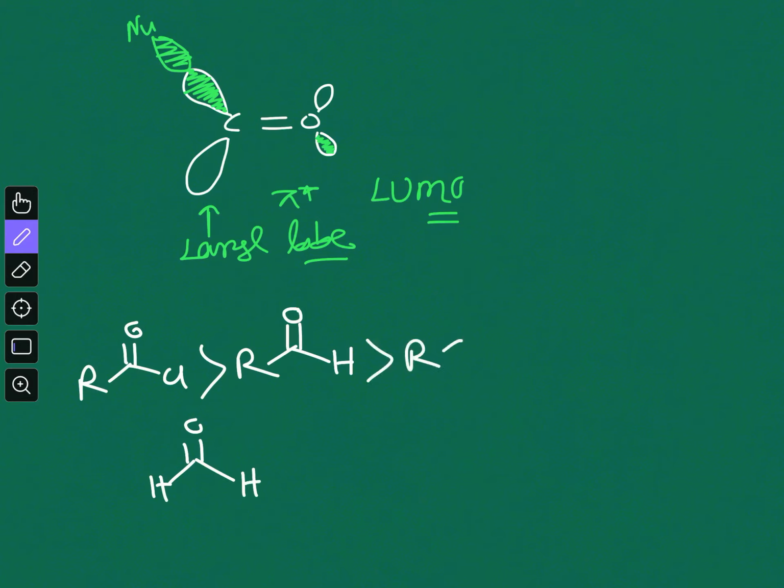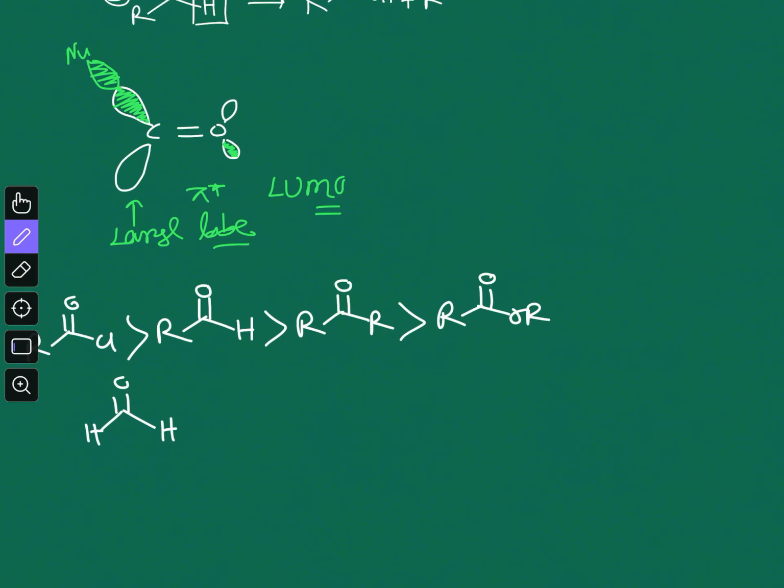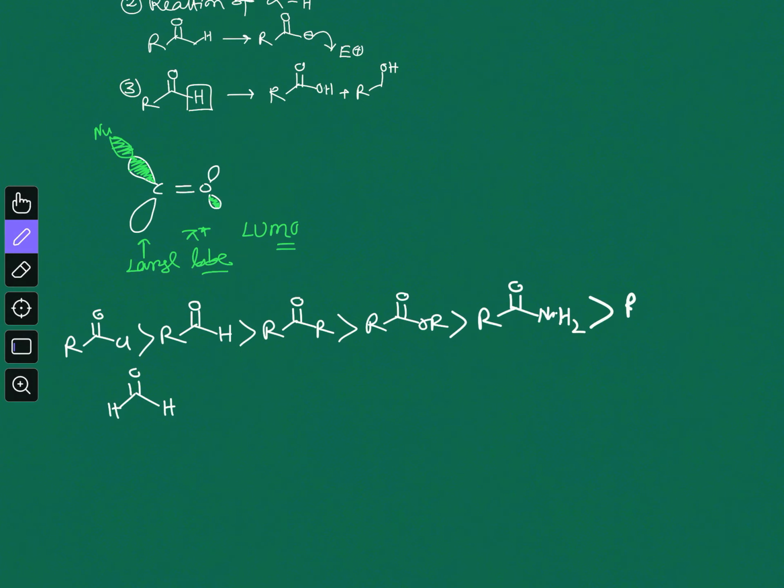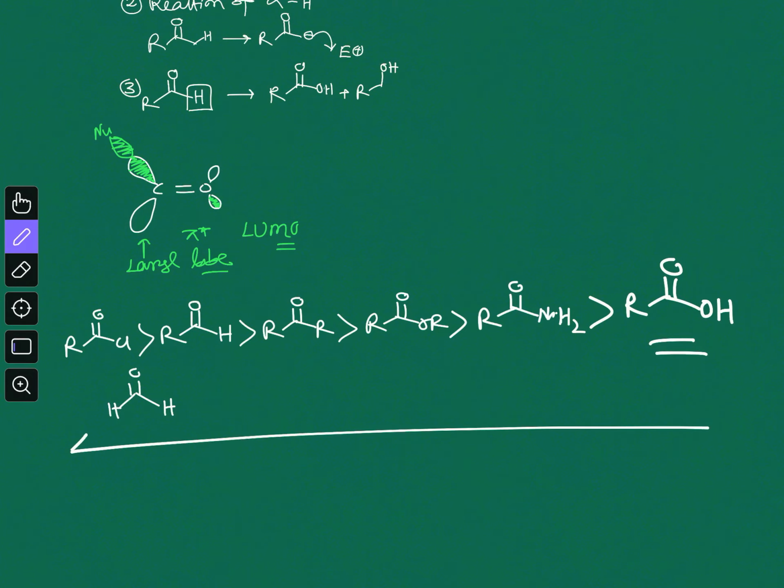And then you will have any normal ketone, then we will have ester, then we will have amide, and finally we will have the acid. Okay, so acid is the least reactive.